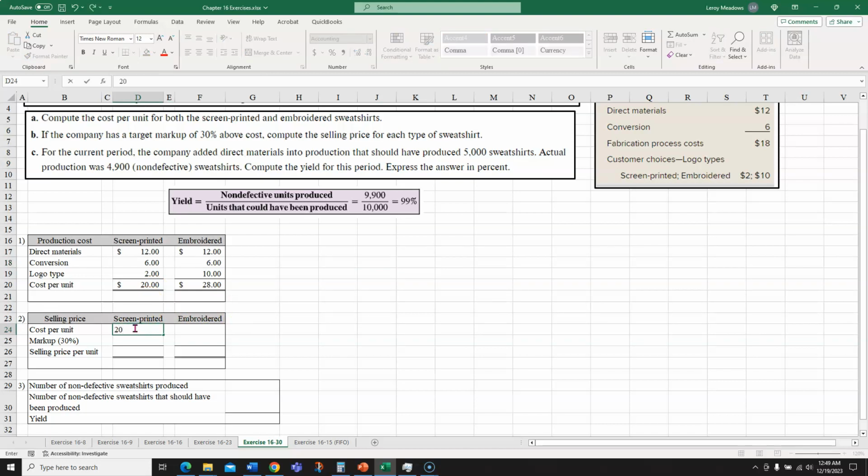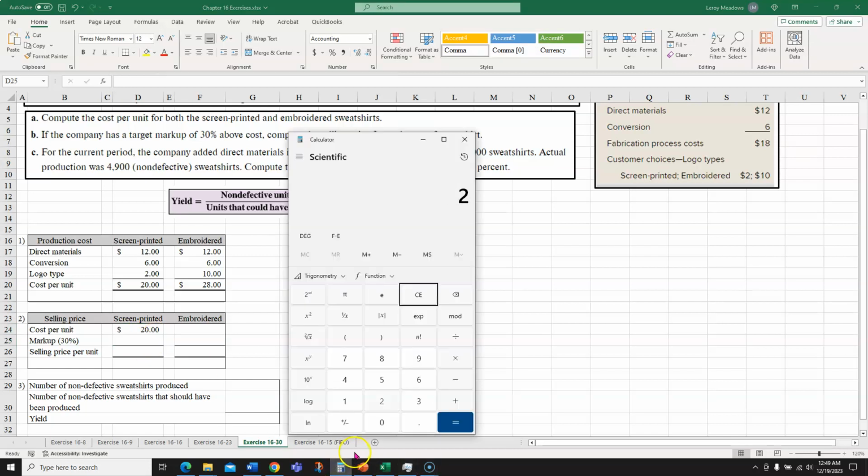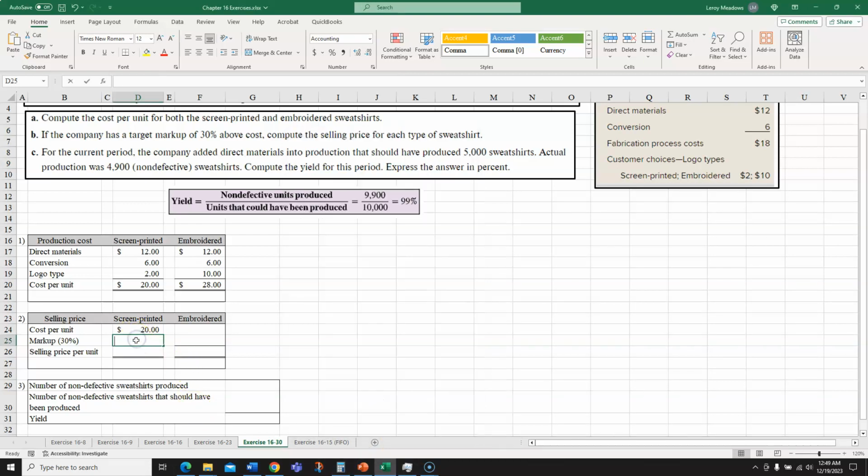That was $20, and the markup is 30%. What is 30% of $20? $6. So their selling price is going to be 20 plus 6, $26.